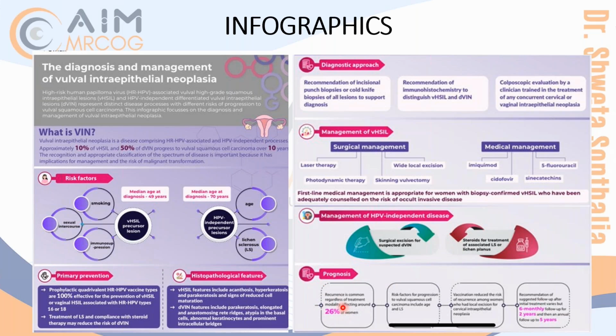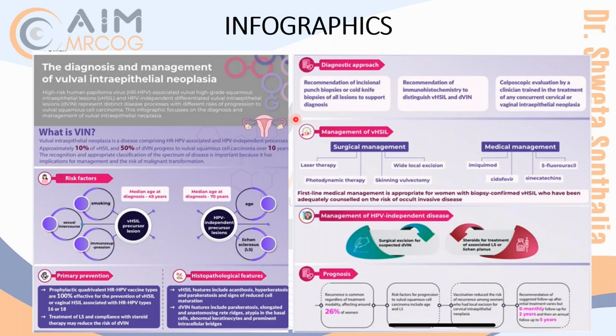Prognosis: recurrence is 26%, which is quite significant. That's why you have to do the long-term follow-up, and you have to do the risk factor assessment and tell the women to avoid that. In cases of lichen sclerosus, treat them properly, and long-term follow-up is what is recommended. And at least 5-year follow-up is what you will do.